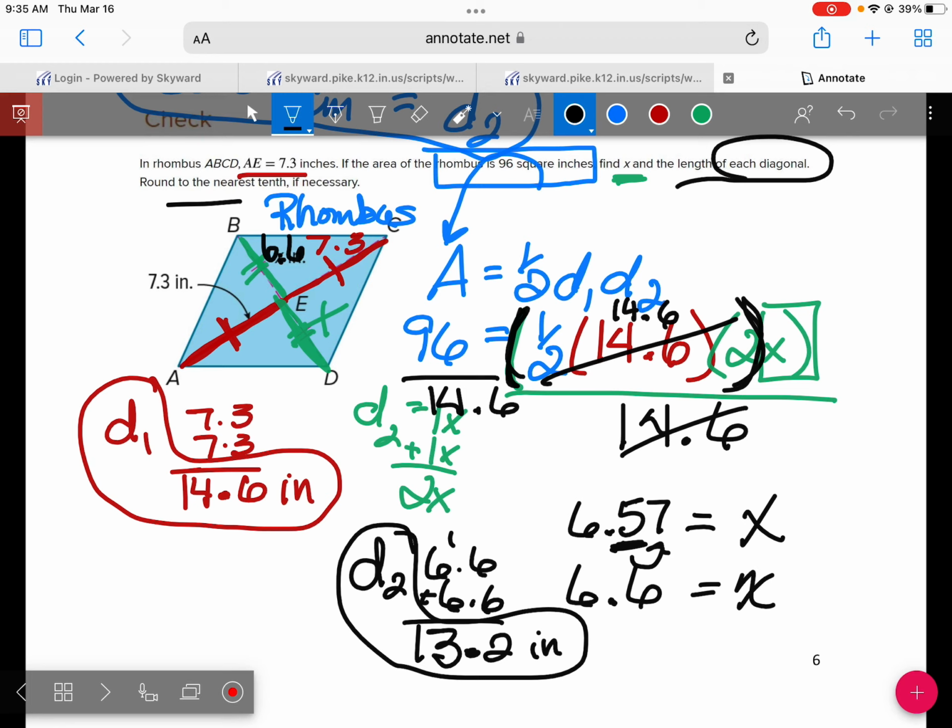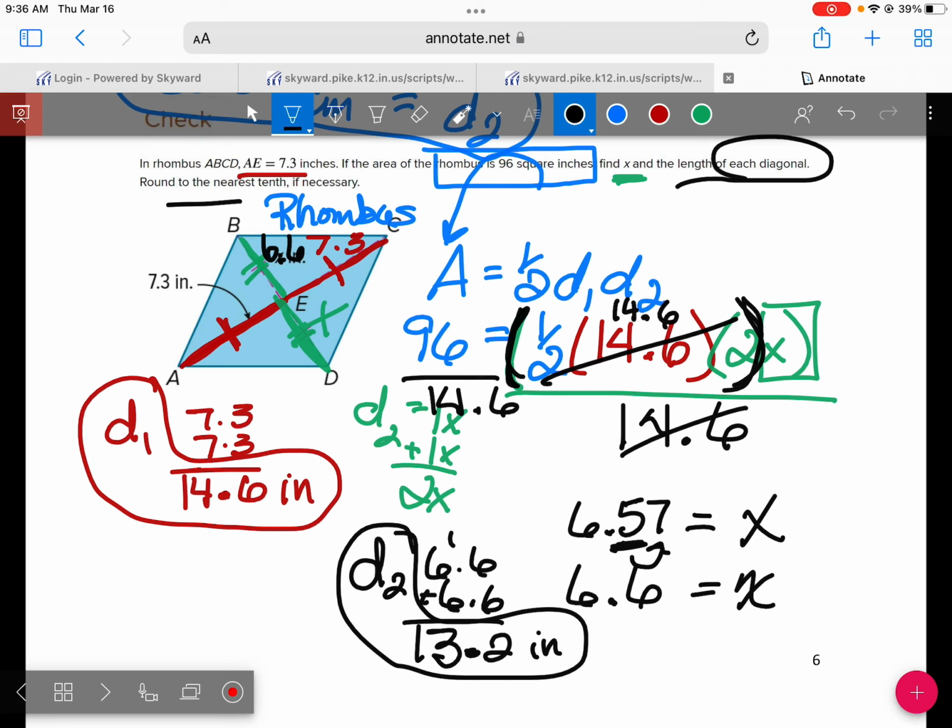So area equals 1/2 diagonal 1 times diagonal 2. We have to know when we have a rhombus or a kite, that's the formula we use for both, okay? They gave us the area, 96. I put in 1/2, and for my first diagonal, they told us that it was 7.3 for half of it, right?